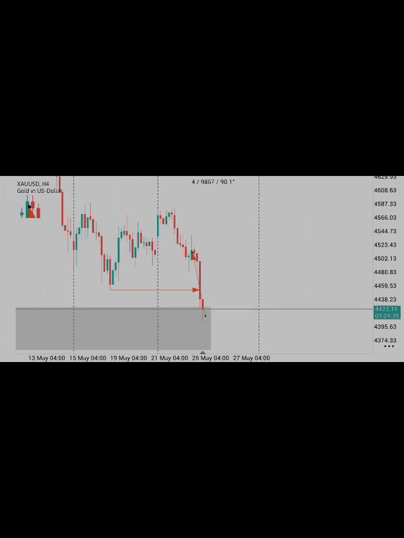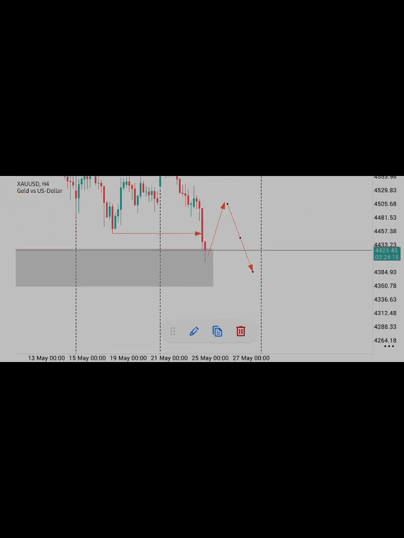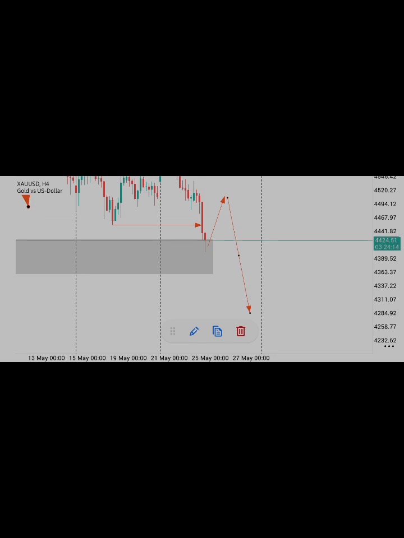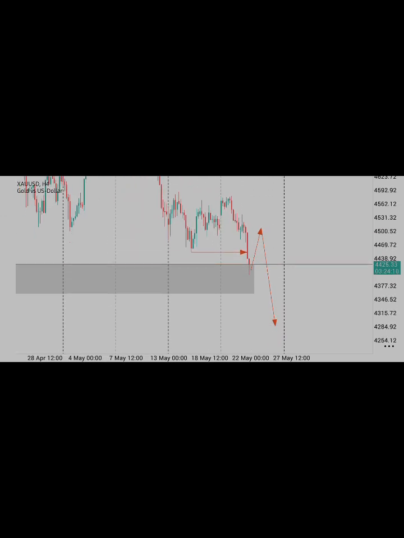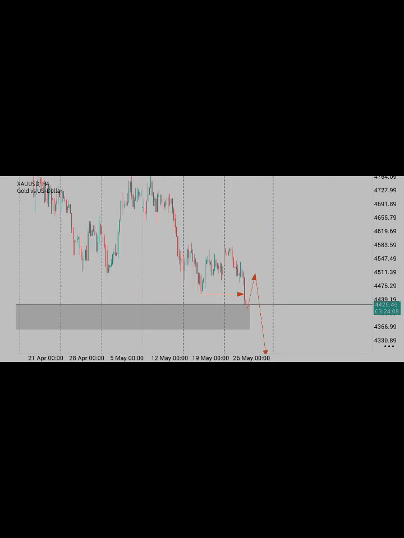This is the other block that caused this low to be broken. So the market might retrace here like this, then before dumping down, before we see more dump, right? Something like this. This is what we should be expecting in continuation of the trend.